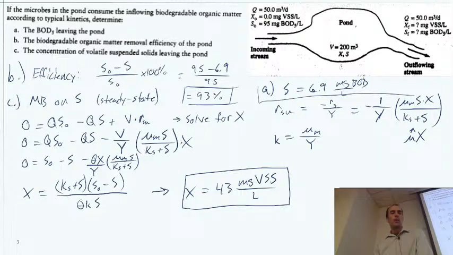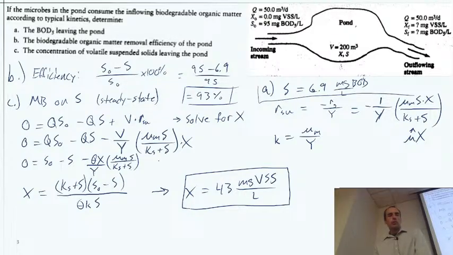So we have QS naught minus QS plus this rate of substrate utilization. And again, the negative sign appears because we're consuming the substrate, when we write out the actual rate equation. So with that, we will put in the pieces there and then solve for X.